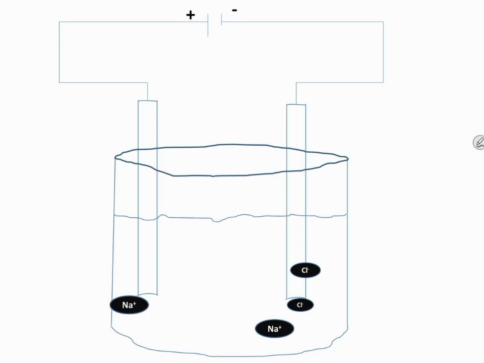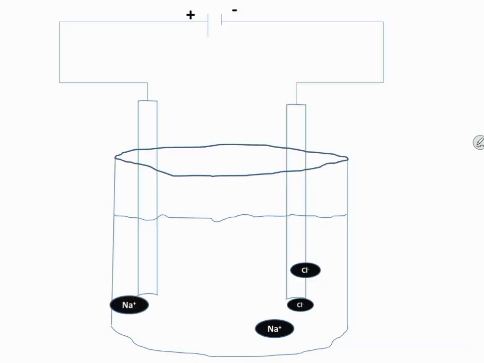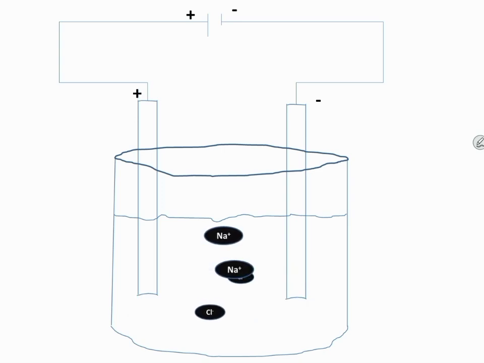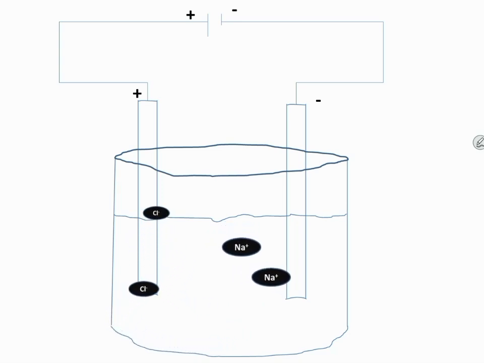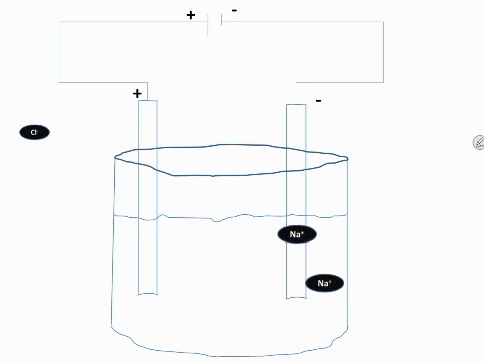Immediately you make this connection, something is going to happen in the liquid. Remember, this is the negative rod, this is the positive rod. All the positive particles will start migrating to the negative rod, which is called the cathode in this case, while all the negative particles, which is chloride in this case, are migrating and being discharged at the positive rod as chlorine gas, while the sodium ion will be discharged as sodium metal.